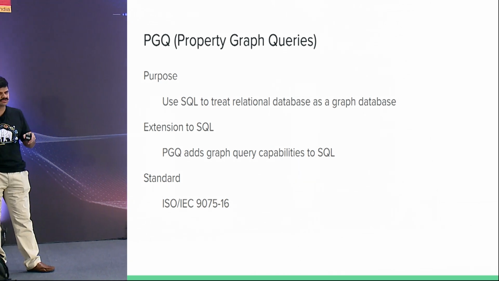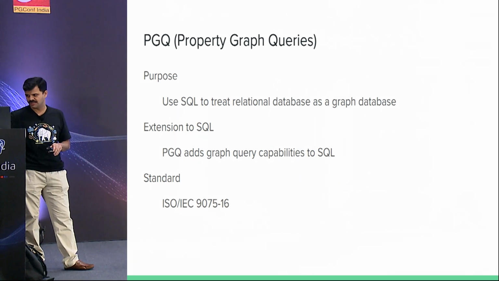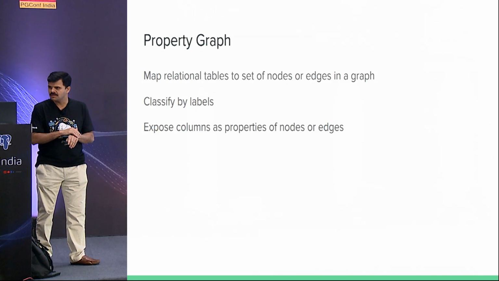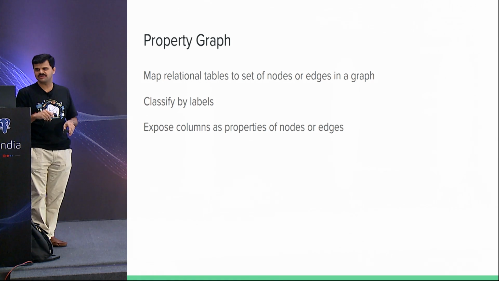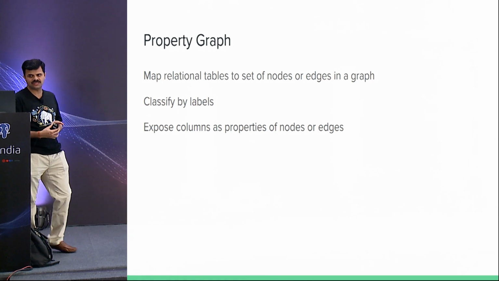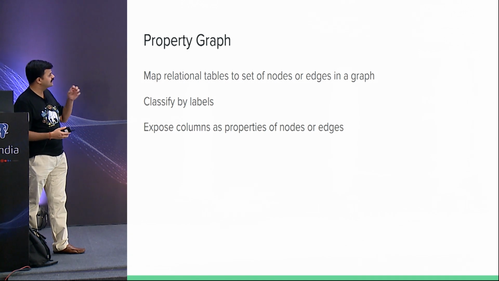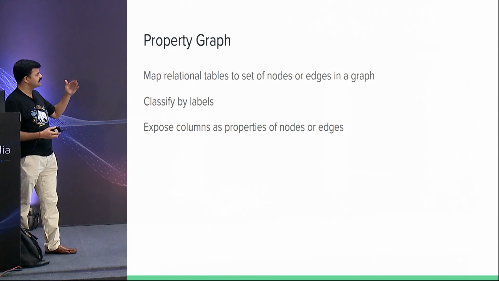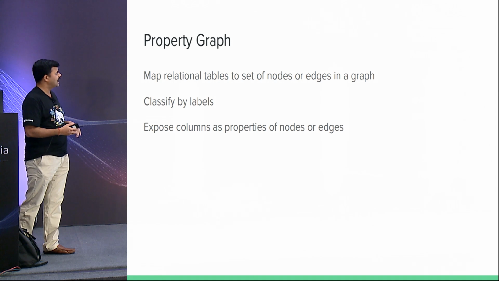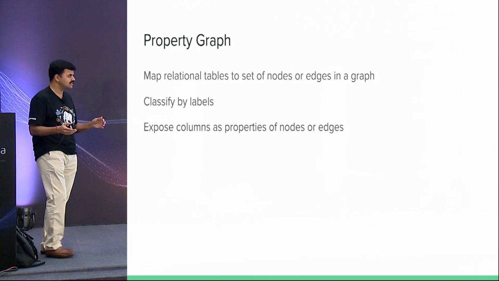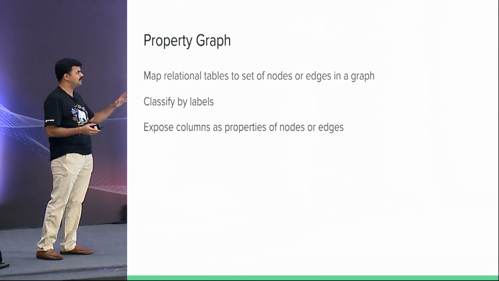Manipulation still happens through the regular SQL. So what it does, it maps relational tables to a set of nodes and edges in the graph. Then it classifies these tables by labels and then exposes columns of the underlying relational tables as properties of nodes and edges.